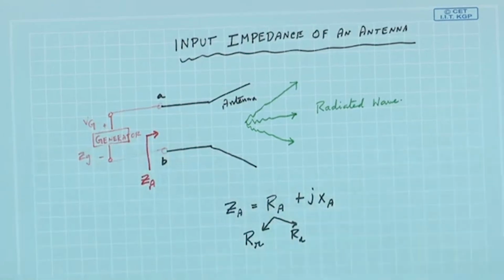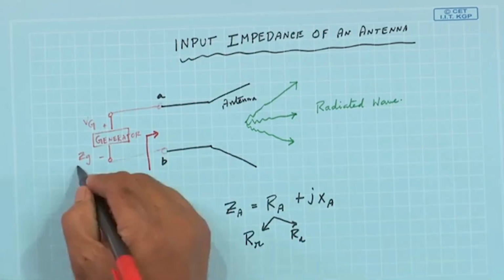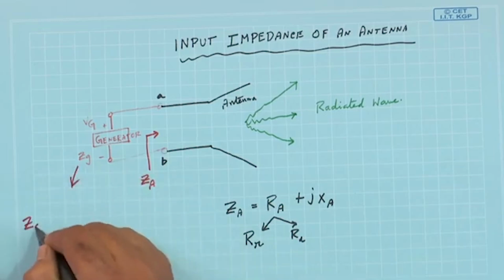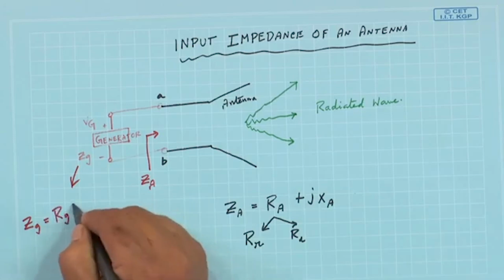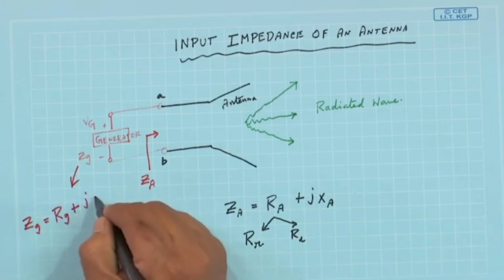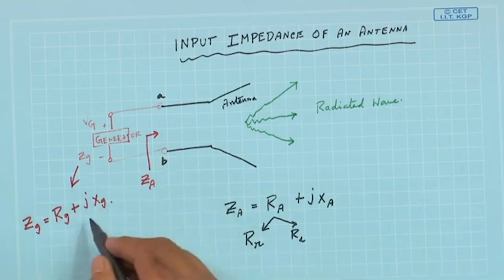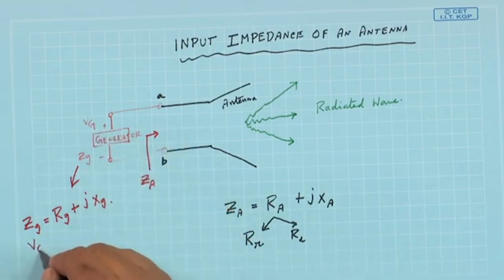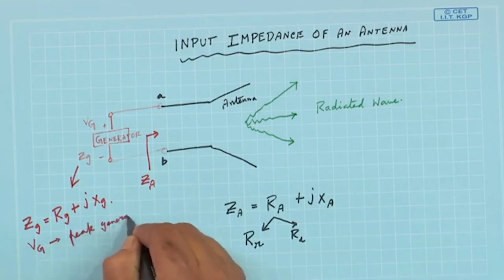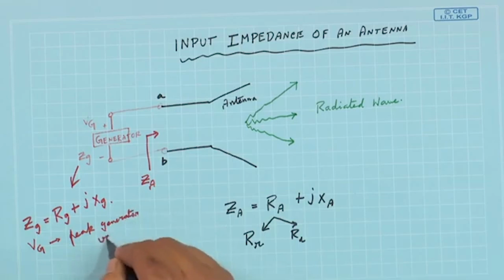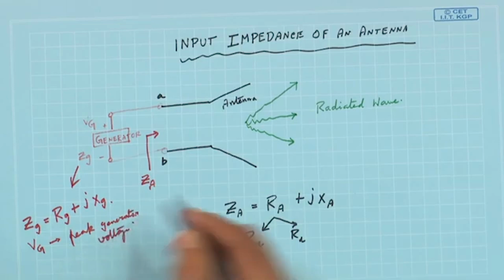This Zg also has a resistive part and a reactive part, and Vg is the peak generator voltage. Peak voltage of the generator is this.